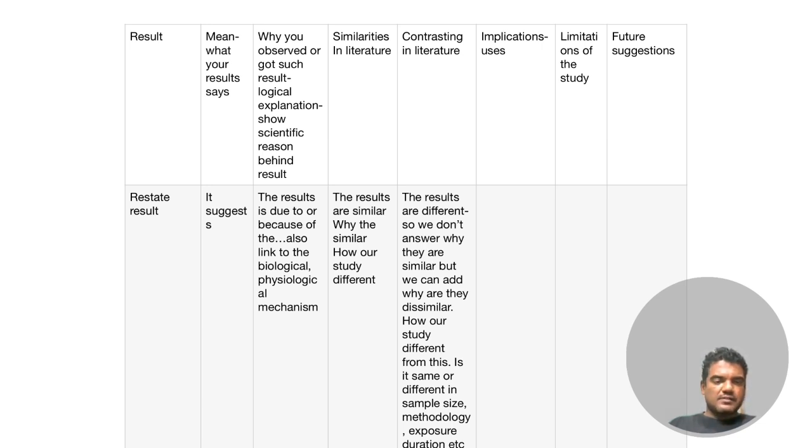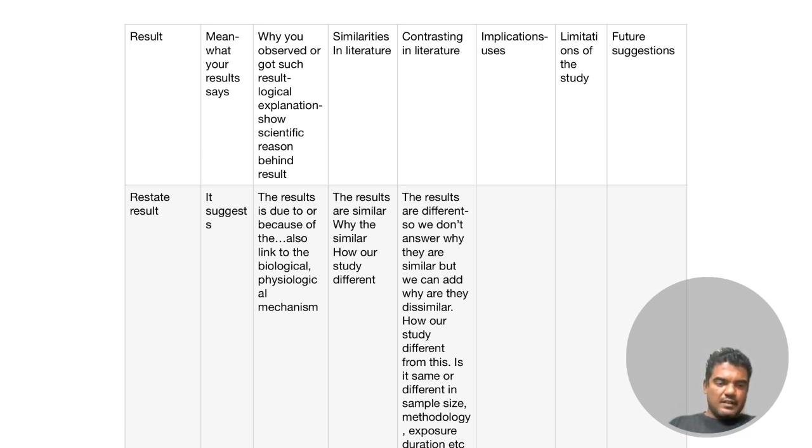Also contrasting. Sometimes the same drug might have been used in some cancer, and in that particular study the drug did not have any effect. They investigated the effect of this particular drug with respect to the anti-cancer property, and they found the drug did not have any effect. So we have to write how their study is different from our study.